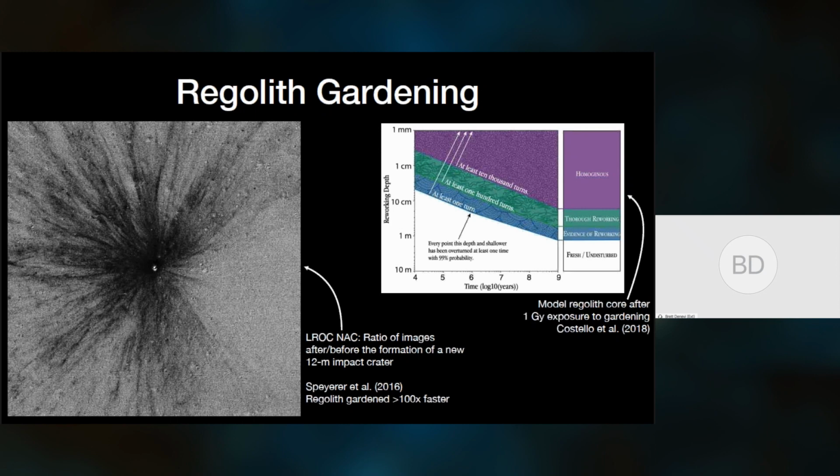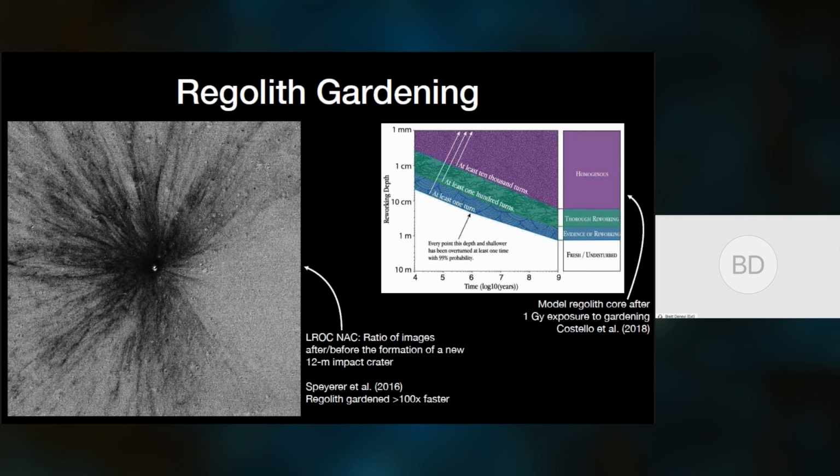So this new knowledge of how the effects of crater ejecta and secondary craters turn over the regolith indicate that it's being gardened at rates of over 100 times faster than previously thought.